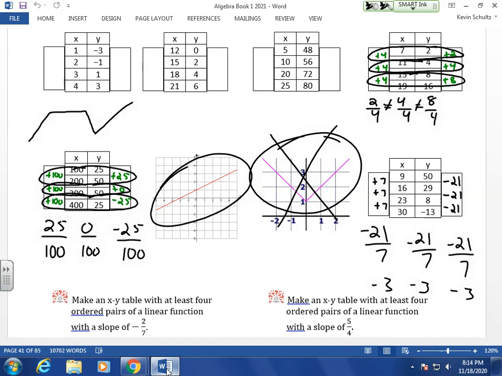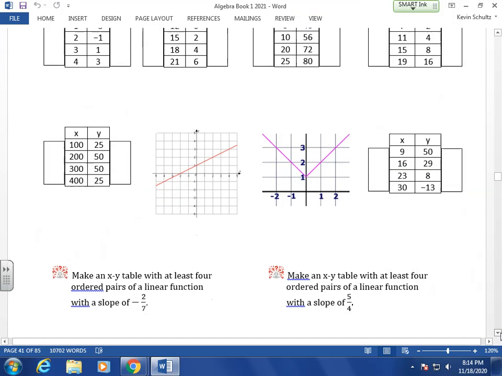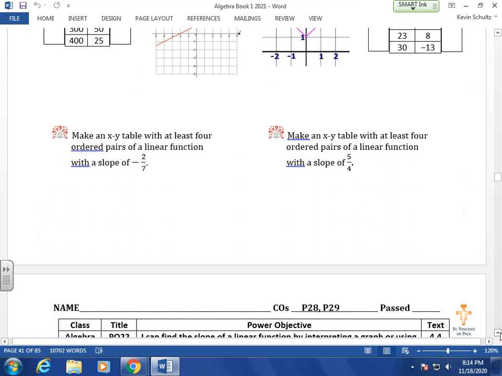Your answers on the bottom two obviously vary. For this one, we kind of did this one together in class a little bit. Basically, the y column should be increasing or decreasing by 2, and then the x column should be increasing or decreasing by 7, but one's got to be going up, the other one's got to be going down.